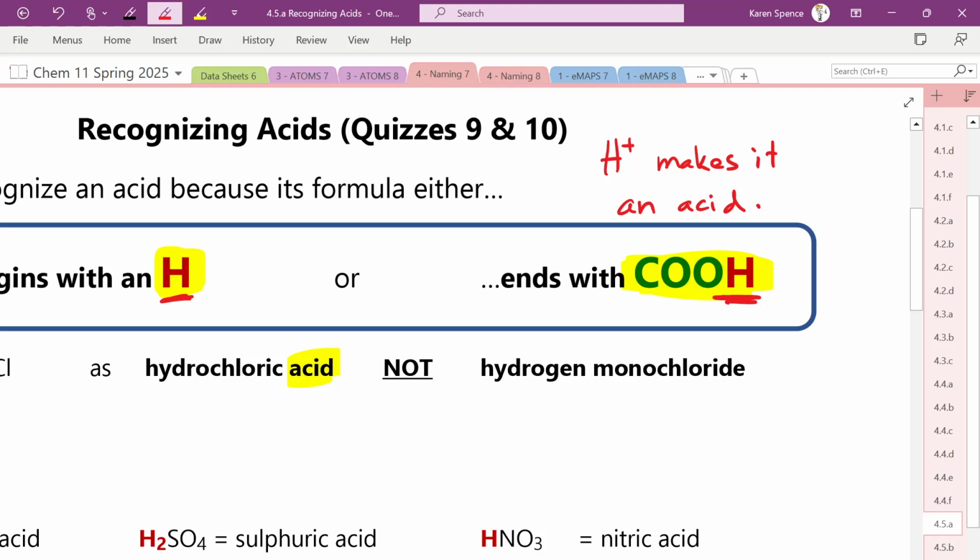Okay, so we have a positive ion. So what's going to happen is that positive H plus ion is going to be paired up with a negative ion, an anion.